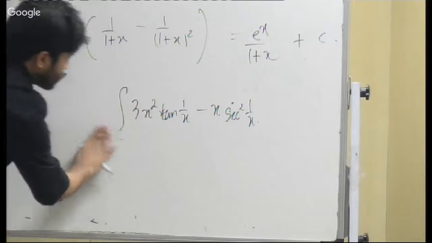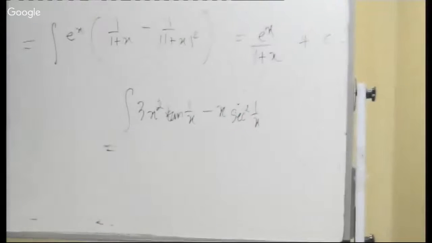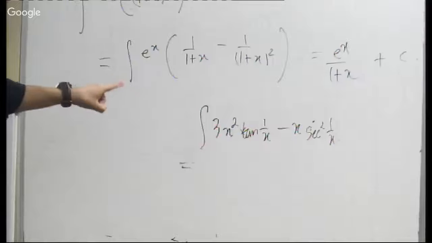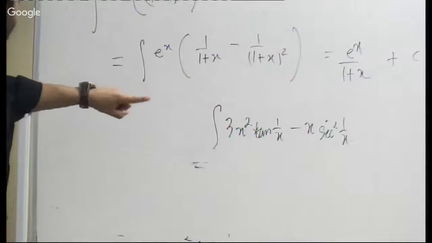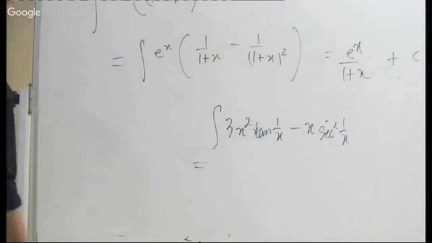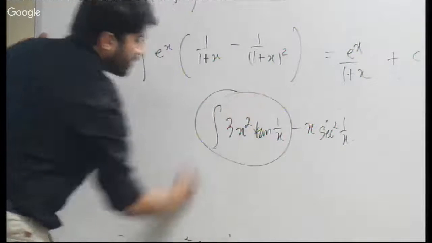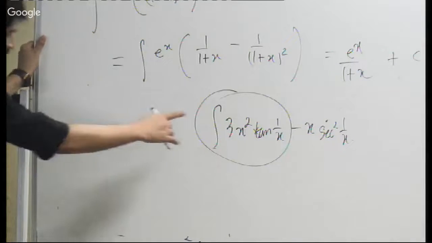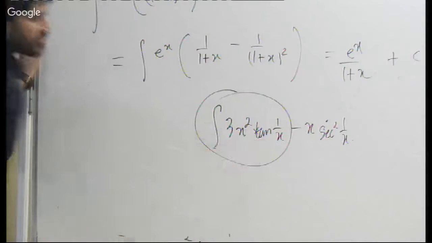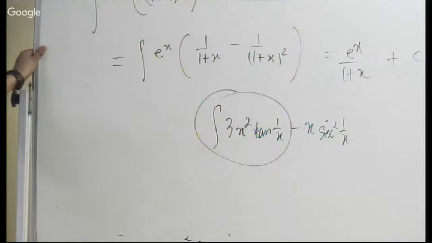So I am going to say 3 tan x, 3x square, if I take part, 6x. Okay, I'm going to work on this. So I'll say this as the first part and this as the second.